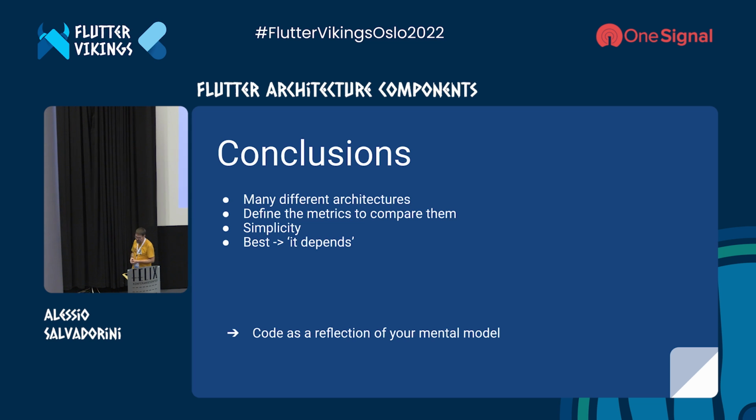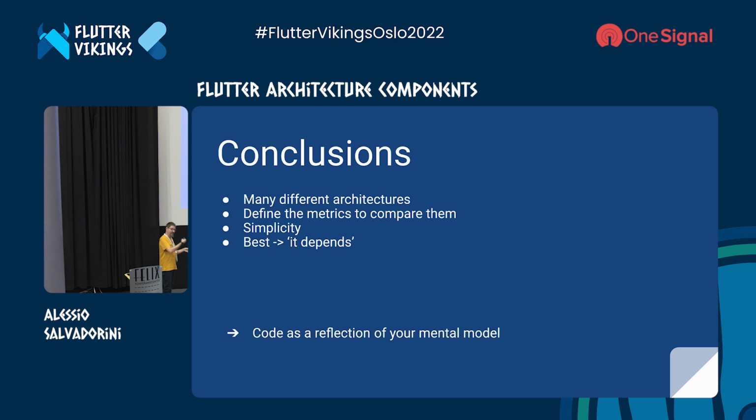So I honestly think that code is a reflection of my mental model and your mental model, and it must be a reflection of your mental model. You need to understand the code that you work with every day, and this code needs to match your mental model. If it doesn't, you will have difficulties working with this code.